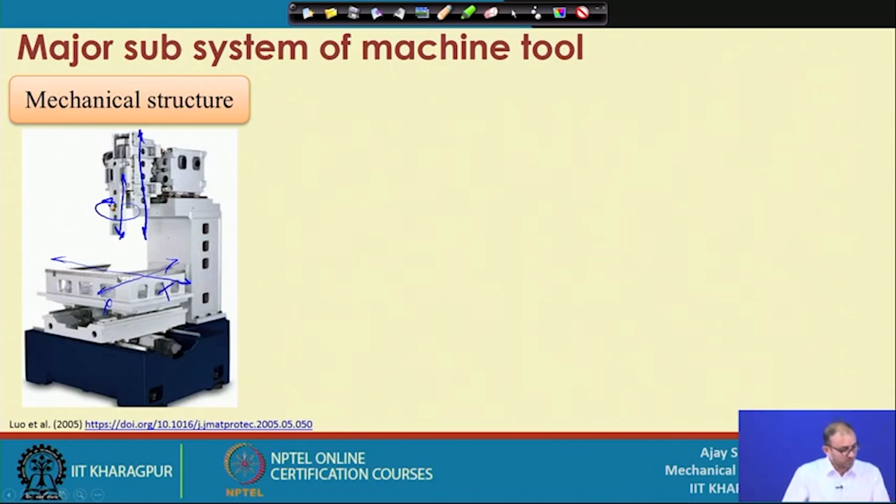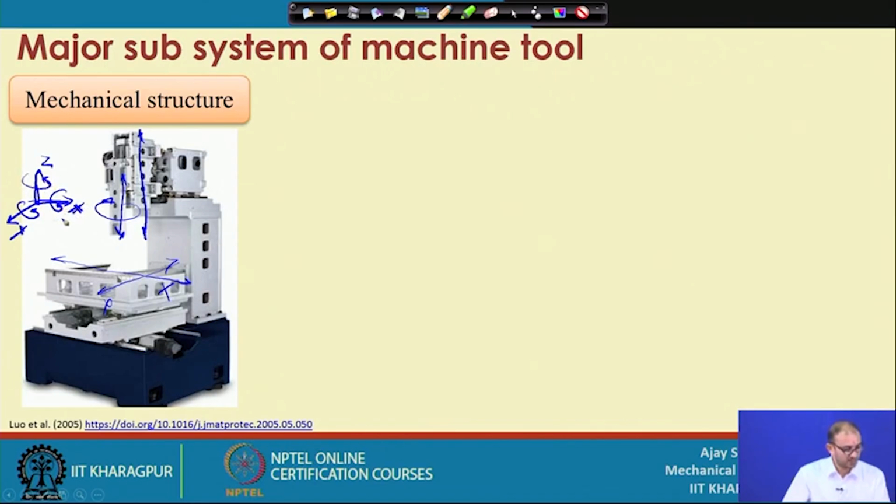Other than these 4 axes, that is x, y, z and rotation around the z axis, you have to mount some supplementary axes also to get more results related to free form surfaces or 3D surfaces. So, mostly we work with 4 axis, 6 axis. You consider this one is the z axis, this one is the x axis, this one is the y axis, then the rotation around the x axis, rotation around the y axis and rotation around the z axis.